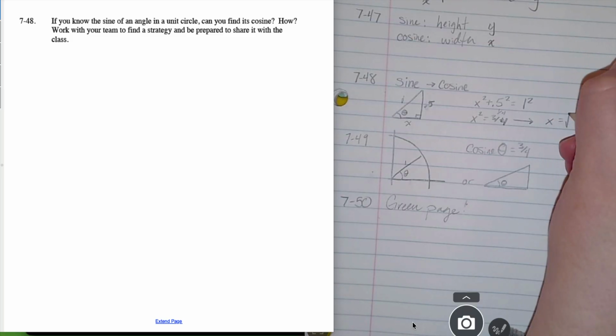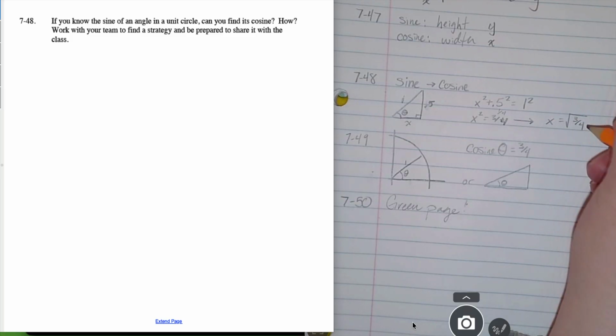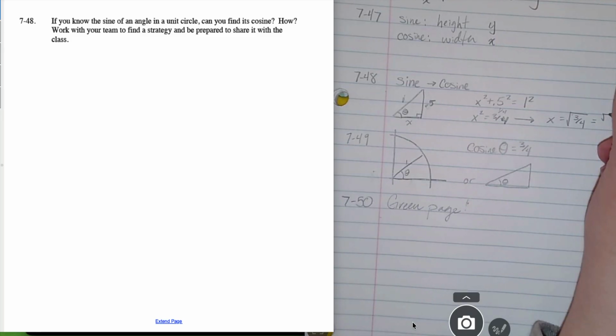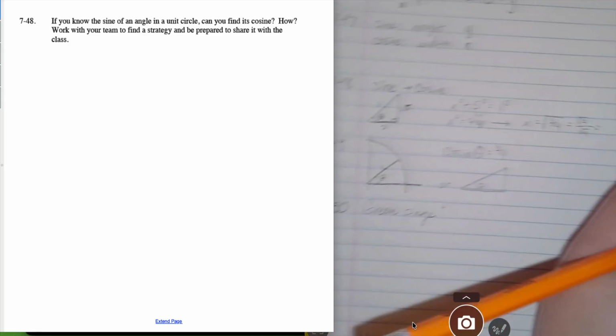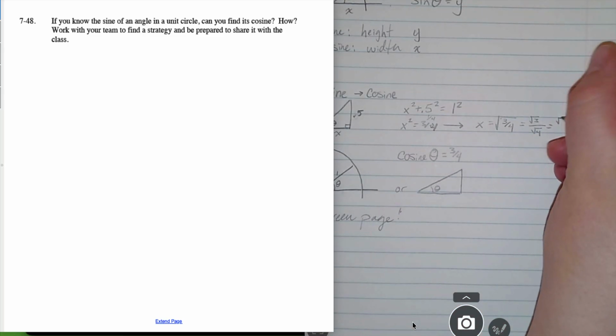Now, this is probably one of my favorite things about square roots, is you can actually break it into pieces. So since I'm taking the square root of a fraction, I can actually take the square root of the numerator and the denominator separately. So the square root of 3 divided by the square root of 4, which you'll see me write a lot of the time as square root of 3 over 2.